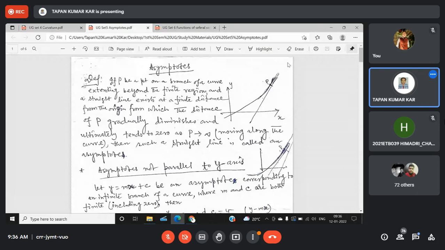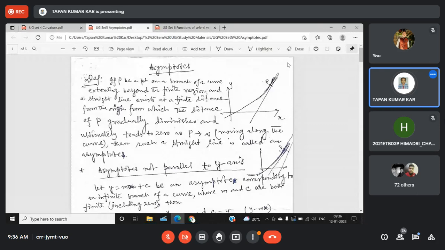Again, I am discussing: suppose one curve is given, P is any point on the curve, and there is a straight line. You can find the distance of the point from the straight line, that is the distance between the curve and the straight line at that point.